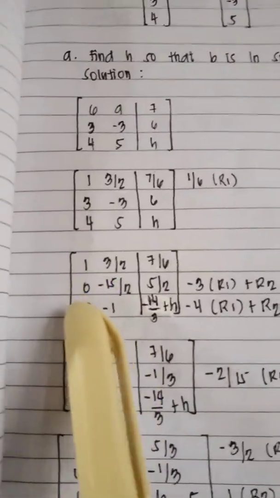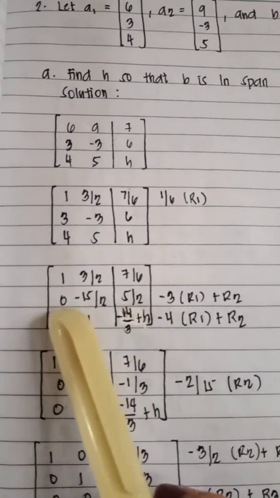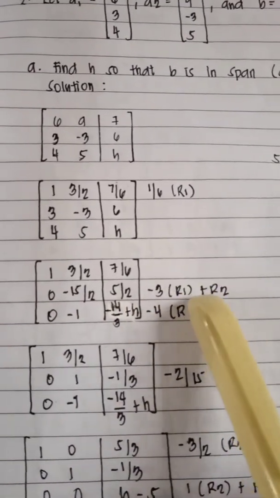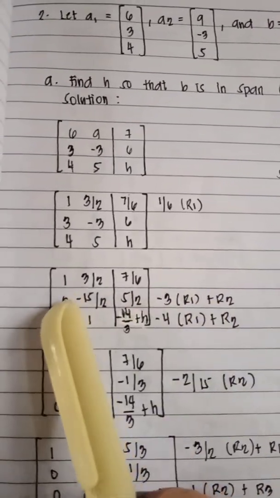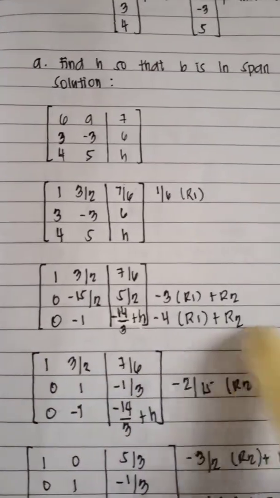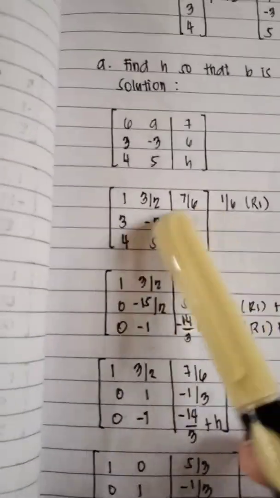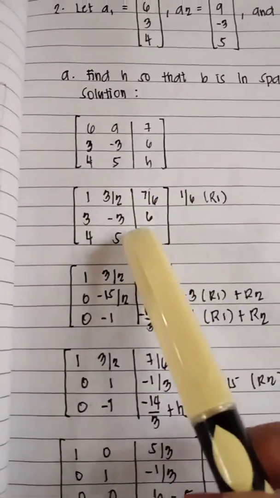In order to make the 3 and 4 into 0, we will use the formula negative 3 times r1 plus r2 for row 2, and for row 3, negative 4 times r1 plus r3. First we will just copy row 1, which is 1, 3 over 2 and 7 over 6.